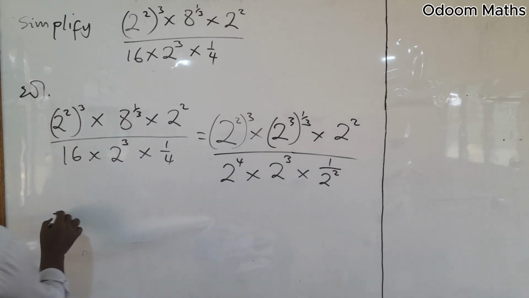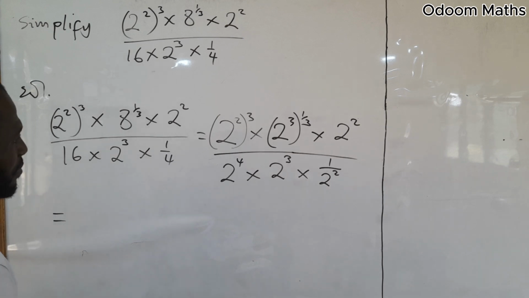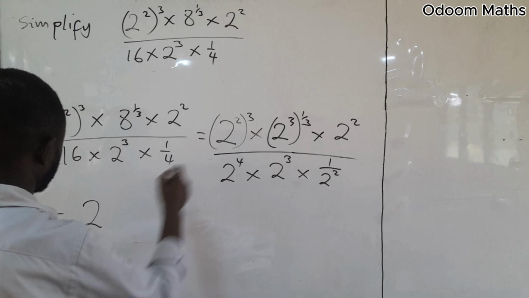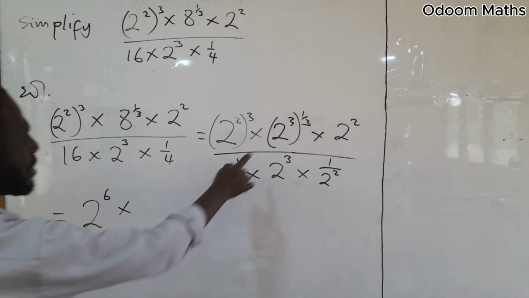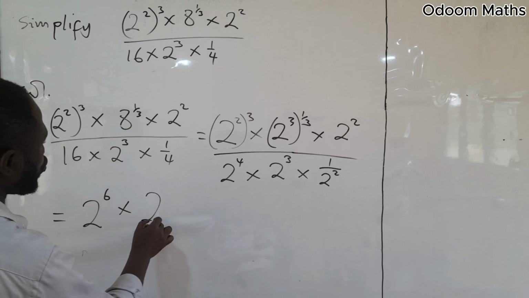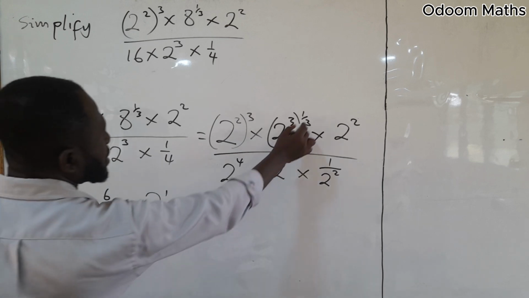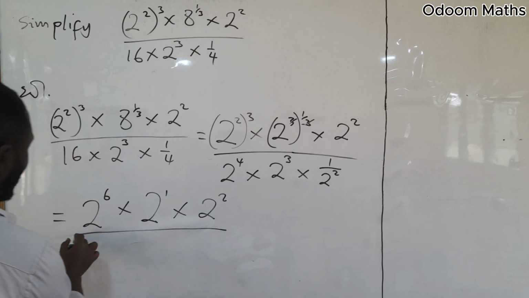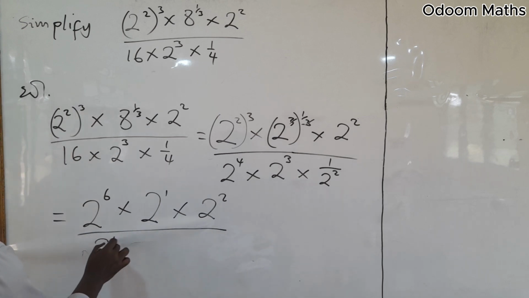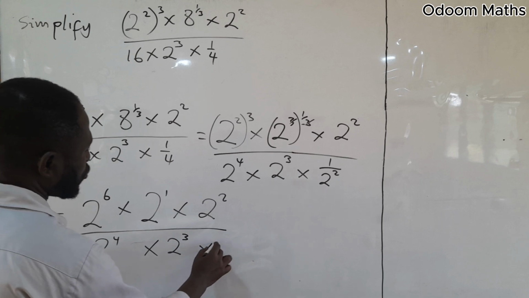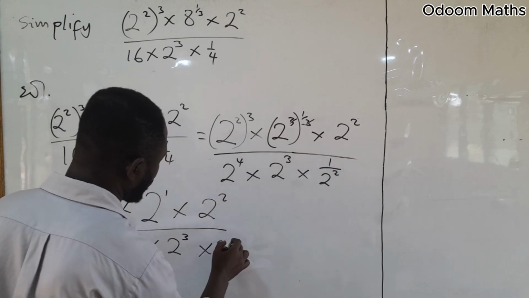Okay, so now let me continue from here. This is going to give me 2 to the power 6 times, this is 3 over 3, so that is 2 to the power 1, because this will take care of this one. Then times 2 to the power 2 divided by 2 to the power 4 times 2 to the power 3, then times 2 to the power negative 2.